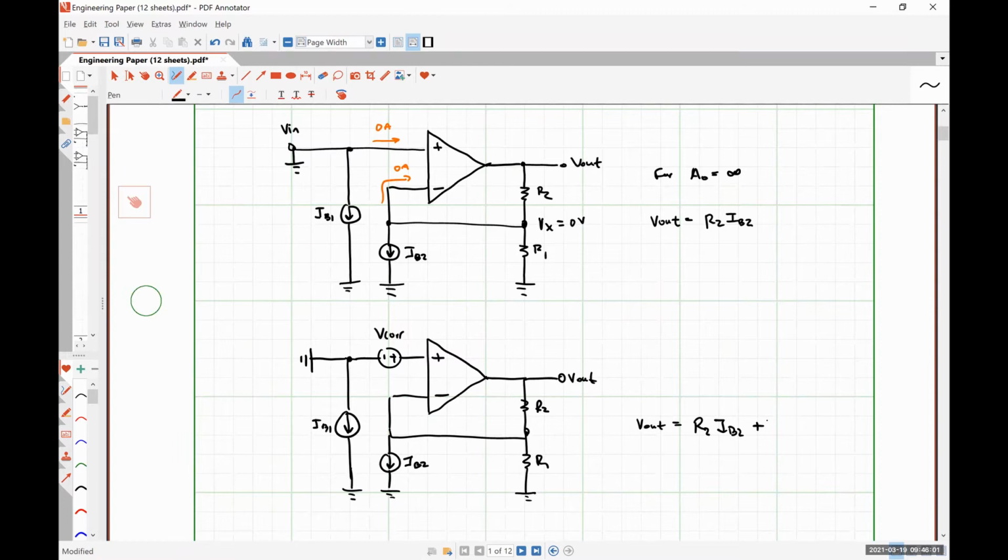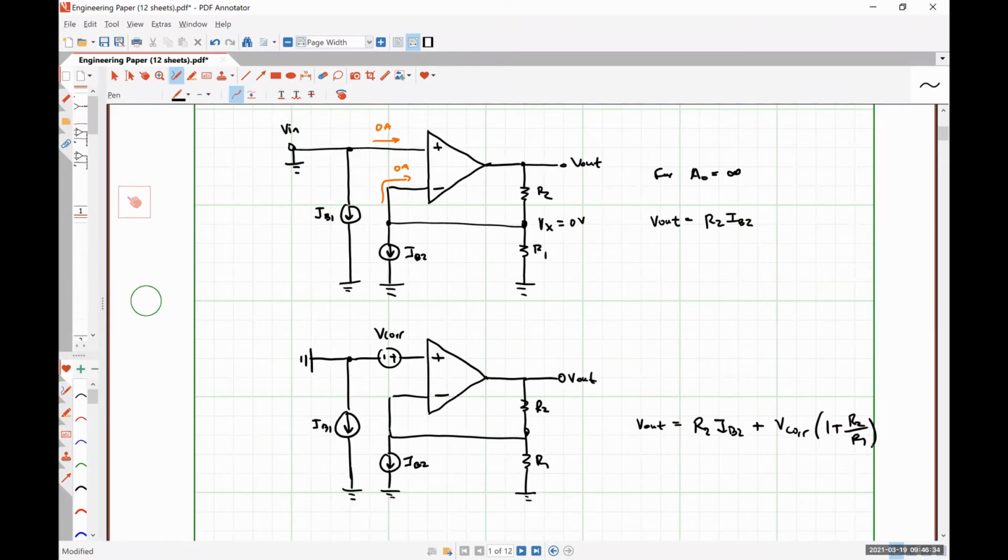What does this thing look like? Non-inverting amplifier, which has a voltage gain, because it's ideal, of 1 plus R2 over R1. So we have V correction times 1 plus R2 over R1. No circuit analysis really necessary, right? We did all the circuit analysis we needed in our previous step.